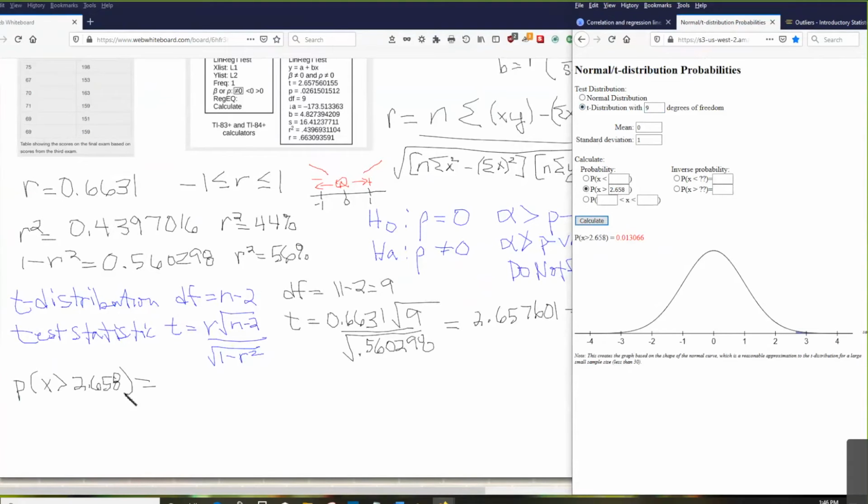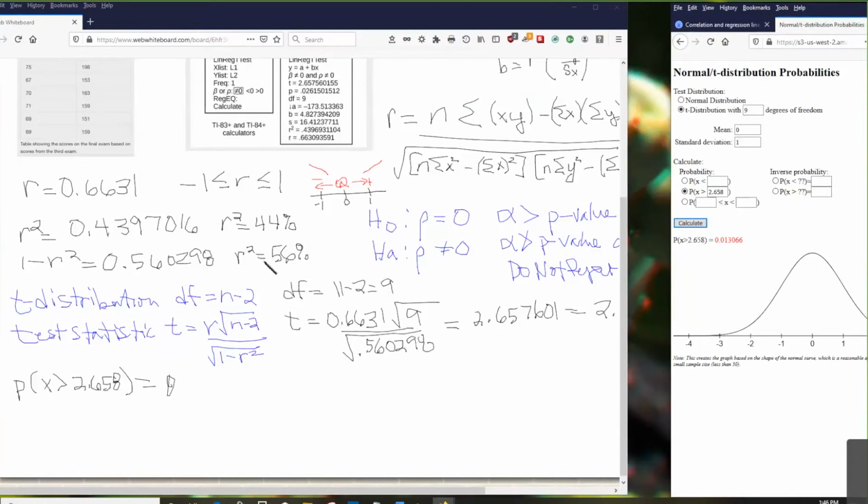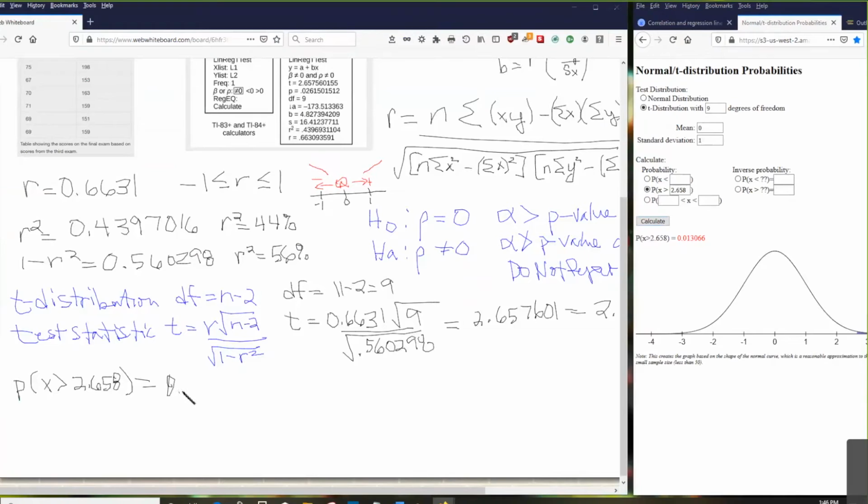That gave me a value of 0.13066. Now you want to remember this is a two-tailed test because we're using the equal sign, so this is half of my p-value.